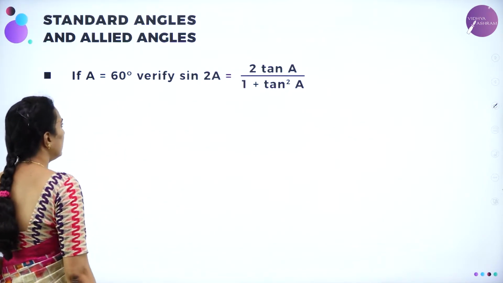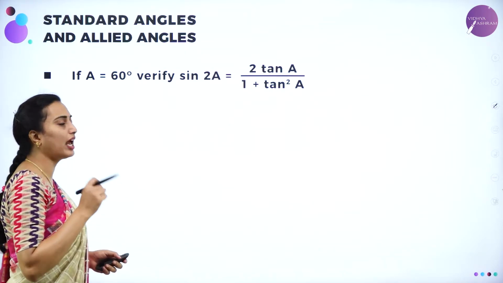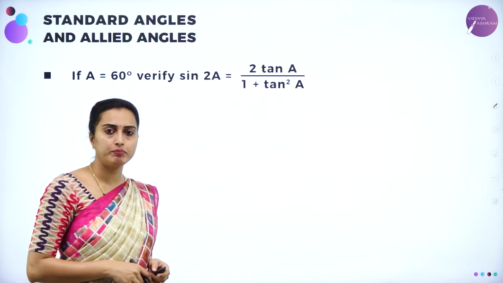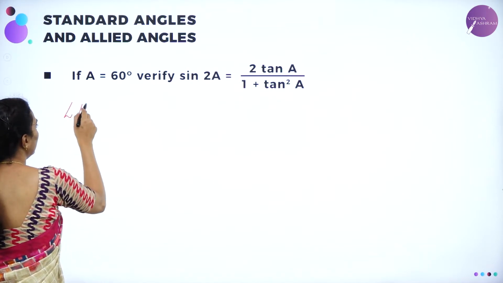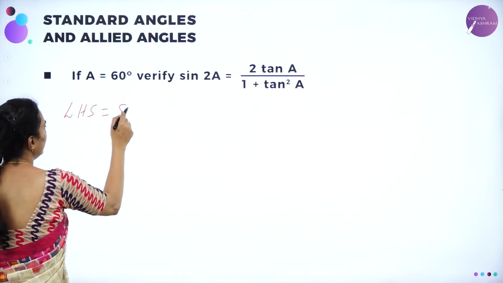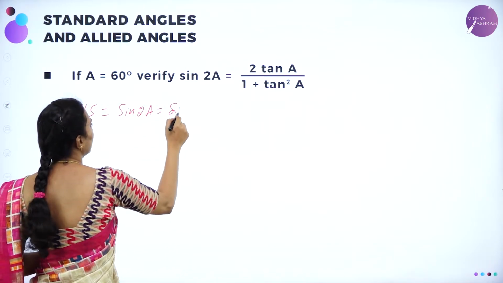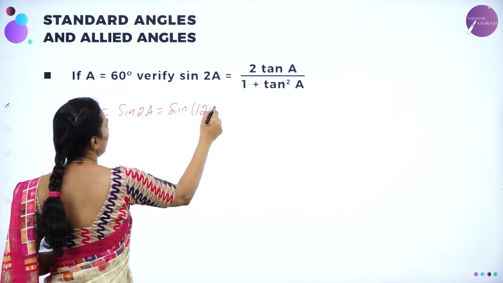What they have asked: if A is equal to 60 degree, verify that sin 2A is equal to 2 tan A divided by 1 plus tan squared A. Let me take the left hand side as well. Here, what they have given is sin 2A. Substituting A is equal to 60 degree, sin of 2 into 60 degrees, directly writing 120 degree.